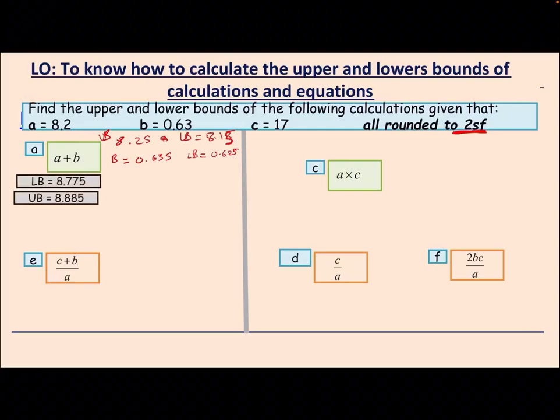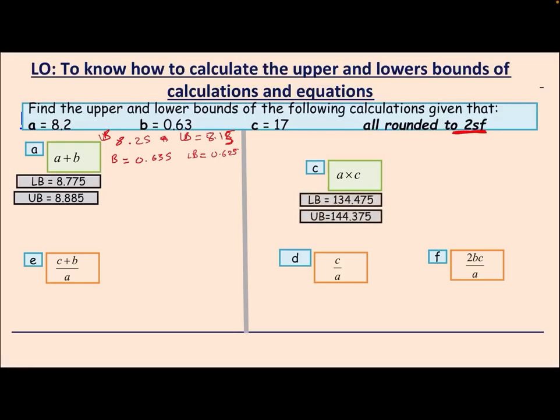All right, so I want you to try out C. Make sure you pause your video because I'm going to go over the answer for C now. All right, so here's the answer for C.